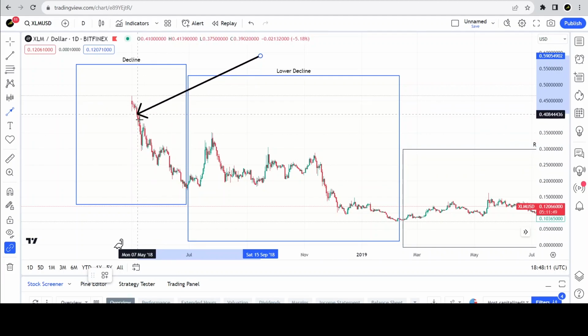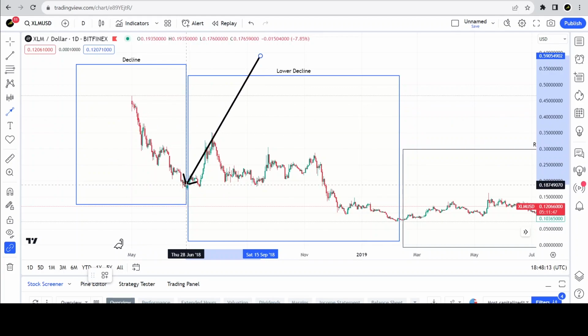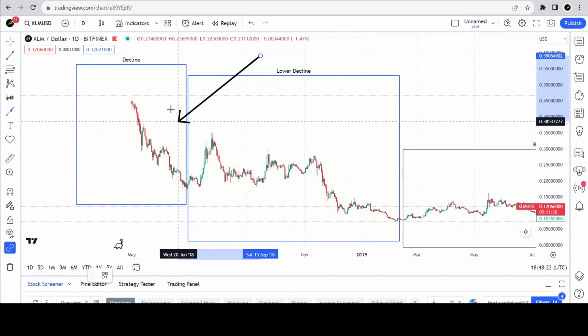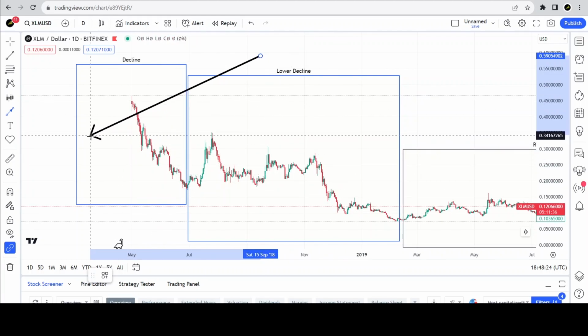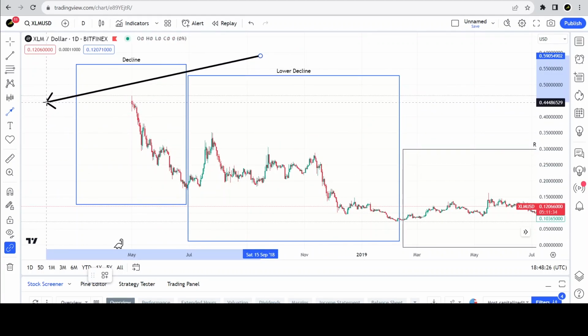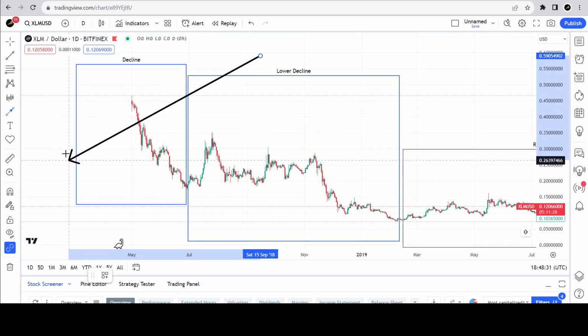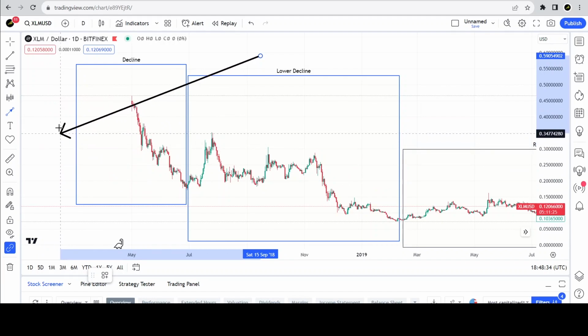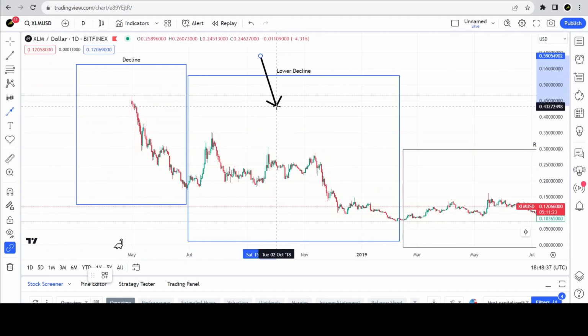Now, once it completes this part of the decline, it moves into what I called the lower decline, and it's just that. It's the lower portion of the decline. Actually, in this whole structure there's another part that I add, and that's the crashing portion of the decline. So the overall decline is comprised of the crash, the decline, and the lower decline.